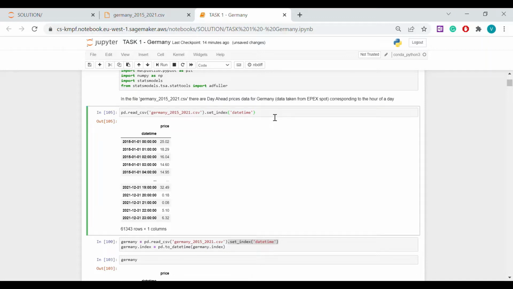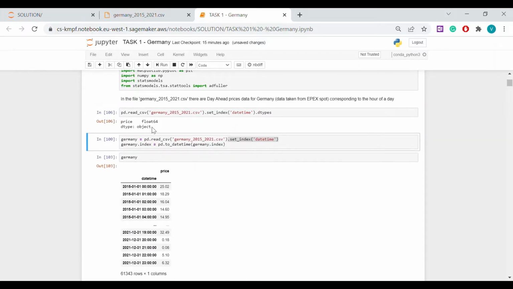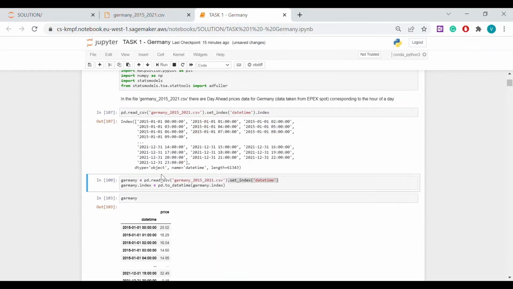Finally, we can check the data types of our data frame. So we can see that the column price is a float number, and our current index has a data type of object, which is very abstract.